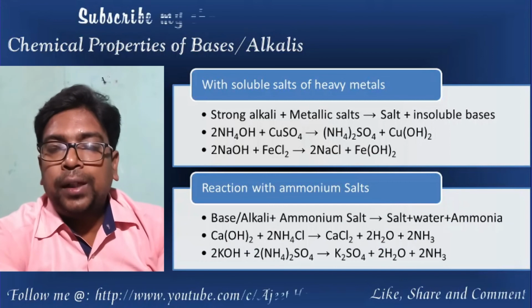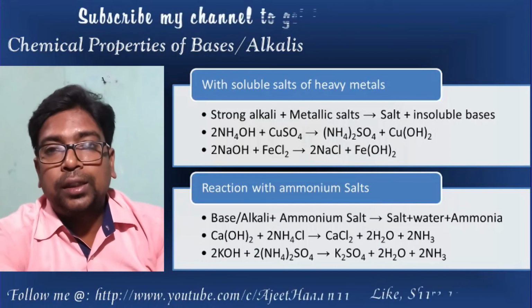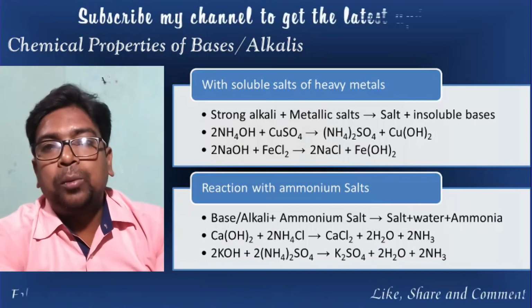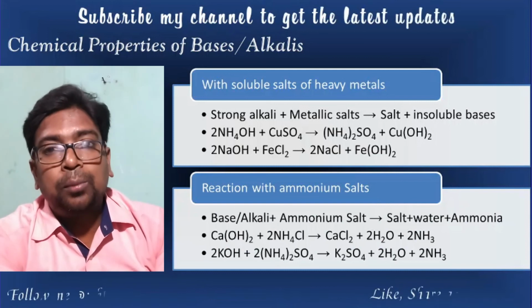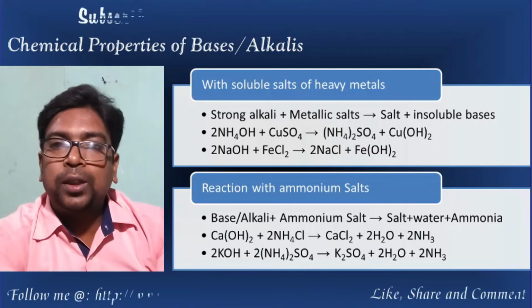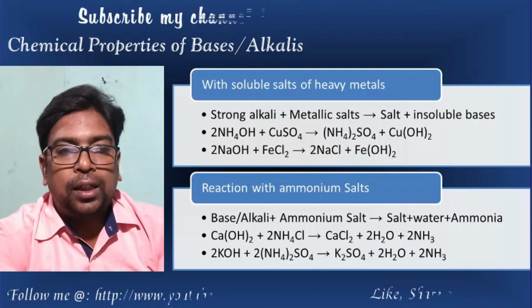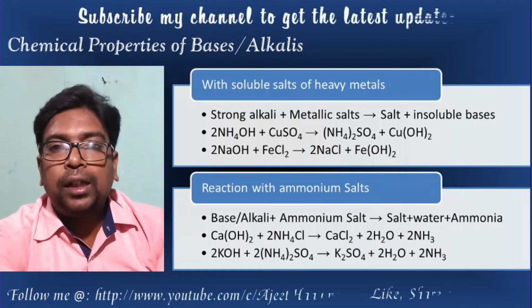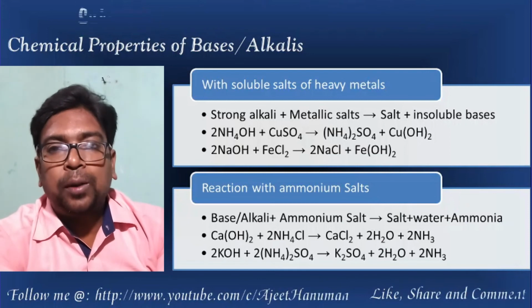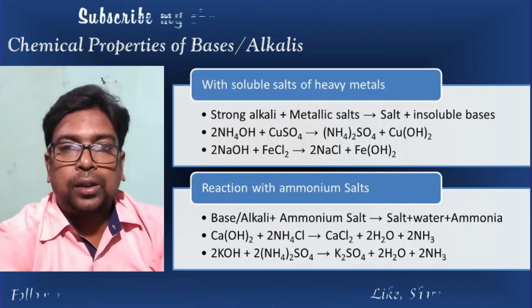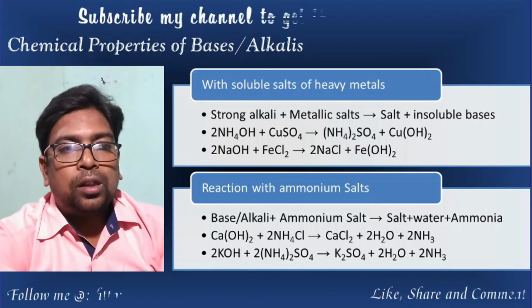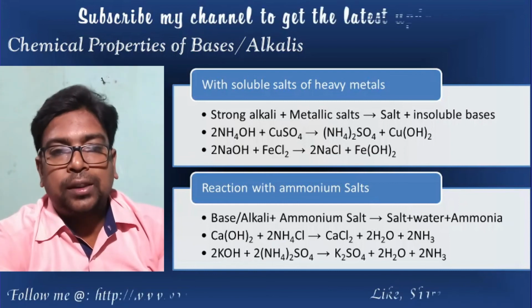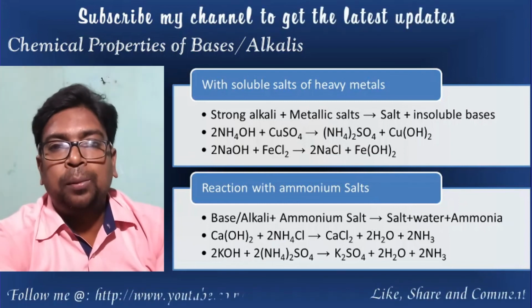Suppose calcium hydroxide, which is also known as slaked lime, reacts with ammonium chloride, then it gives calcium chloride plus ammonia plus water. Similarly, if you take potassium hydroxide with ammonium sulfate, then we will get potassium sulfate plus ammonia plus water. So this is how the bases react with different substances. These are the chemical properties of bases.